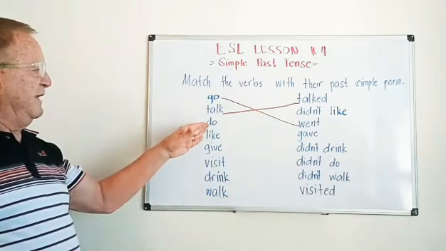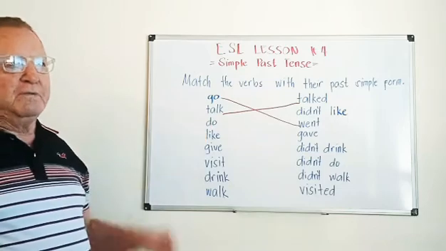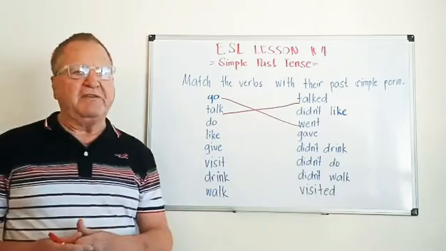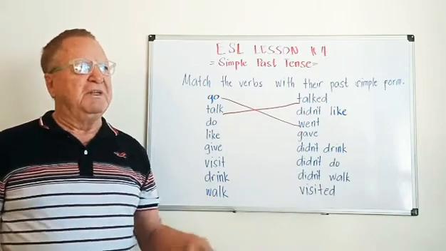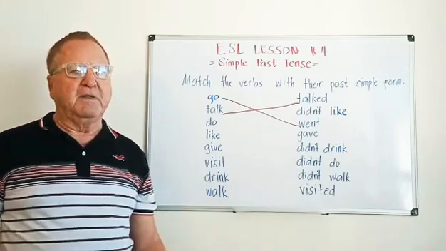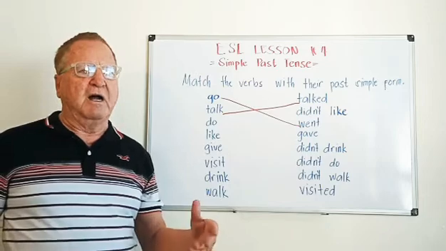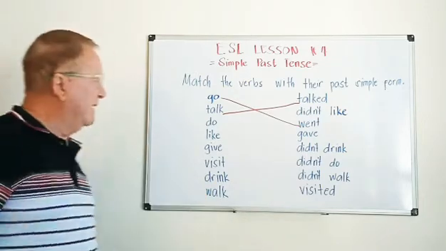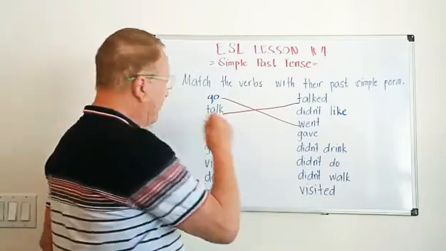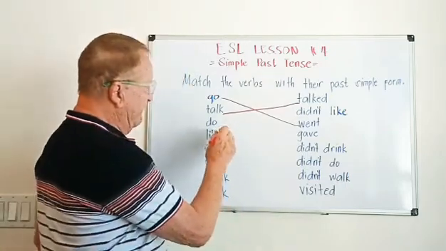Okay, the next one is do. And if we were just going to make this just regular past tense, we say do, did. I do homework. I did homework. Okay, do. But since it's negative, there's a negative here.